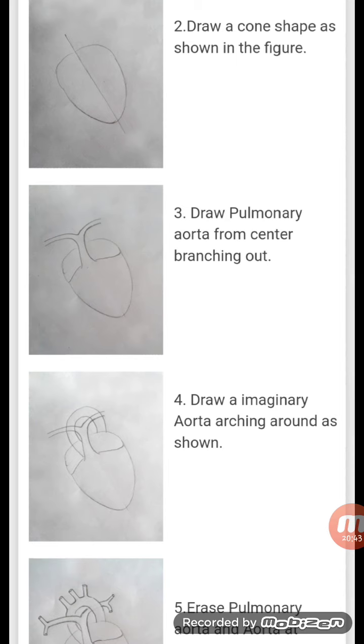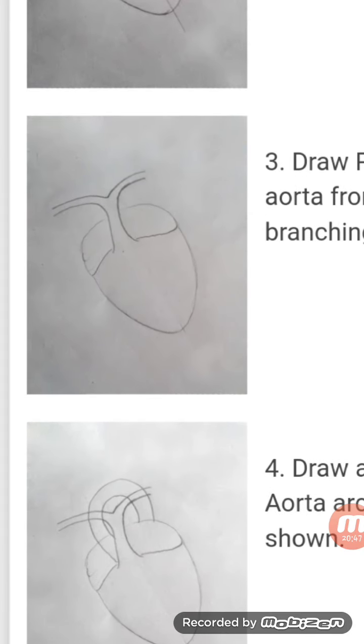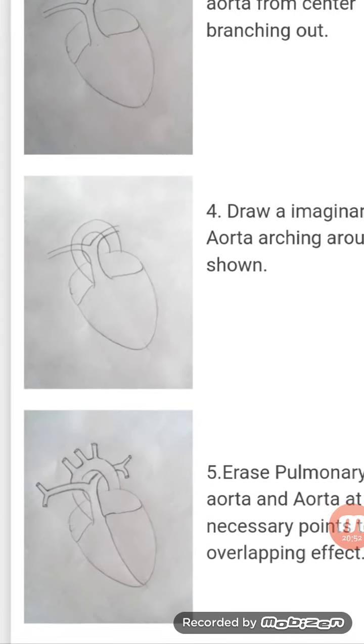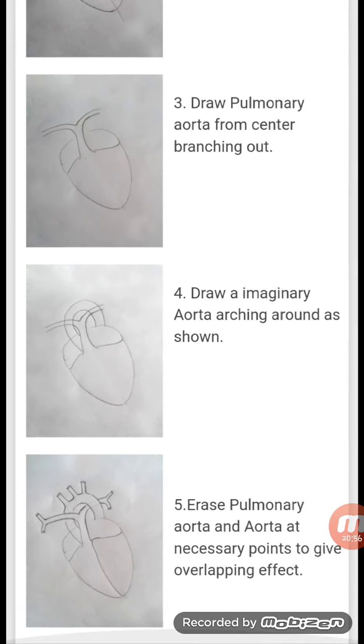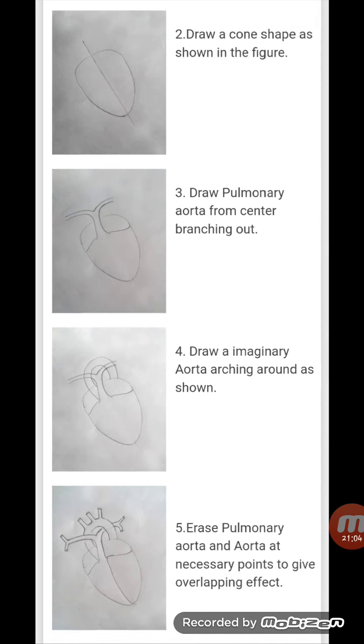So second one, see here, draw imaginary aorta arching around as shown in the figure. This is the easy way to draw this diagram. Okay students, this is about structure of the heart.